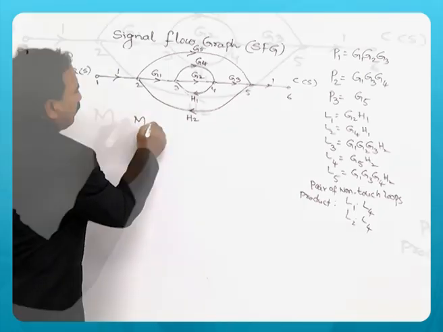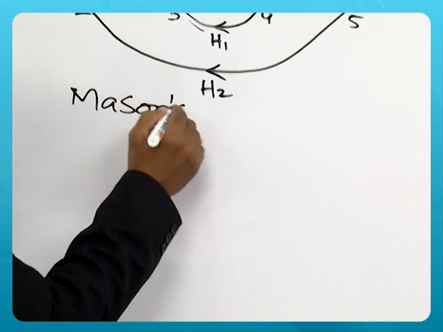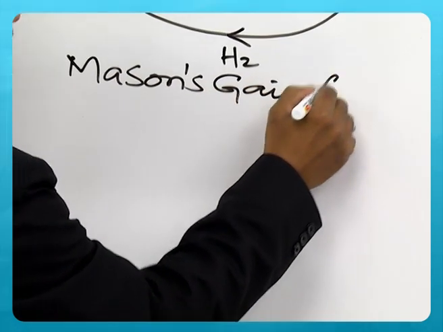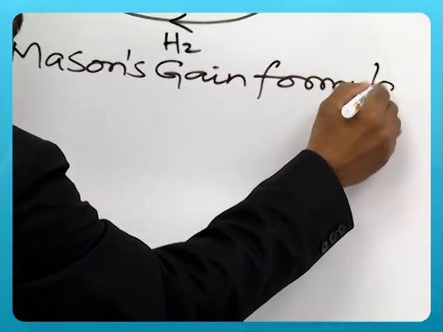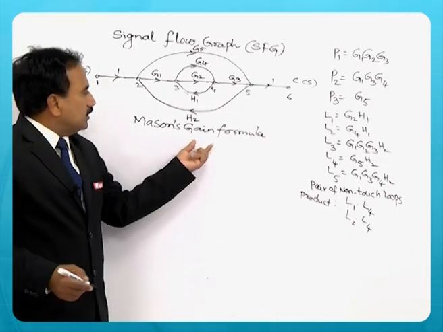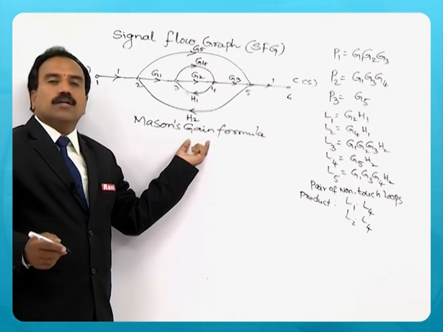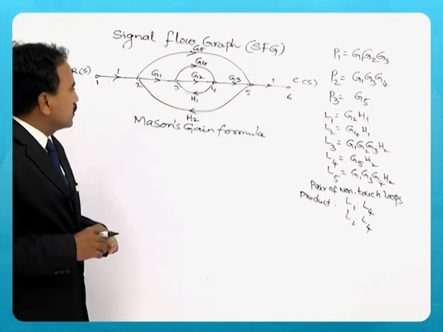Mason's gain formula is meant to determine the overall gain or overall transfer function of the system.